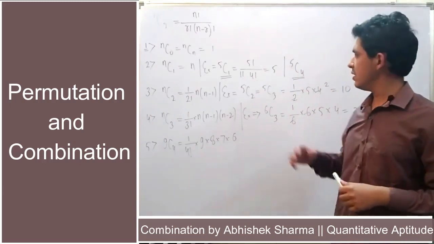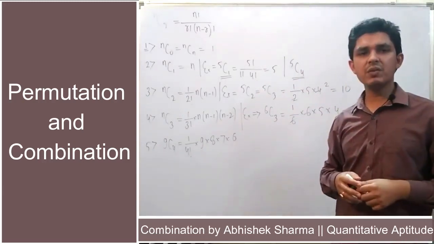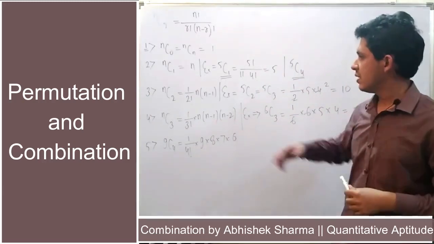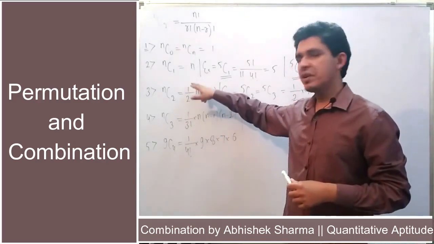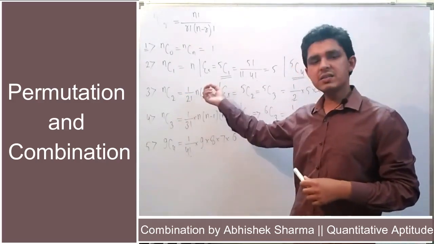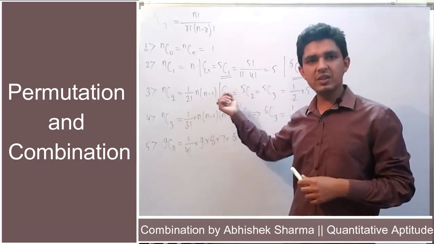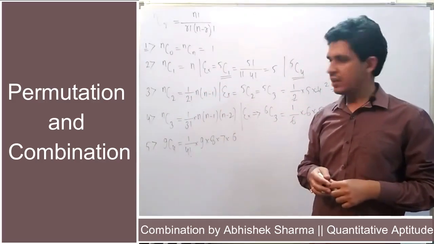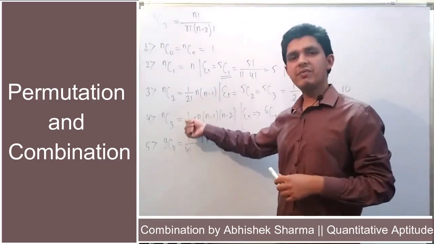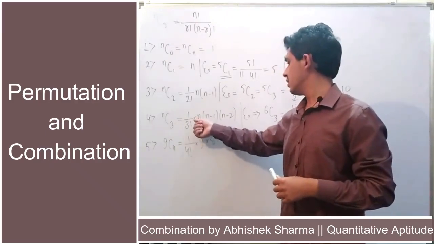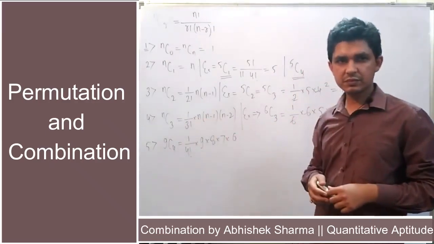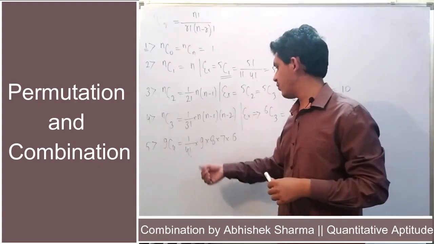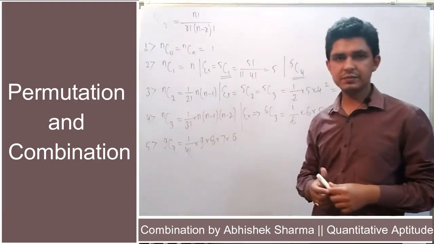I guess the operation I am performing here would be clear to you all: when NC2, 1 by factorial 2, I am coming 2 digits back; in NC3, 1 by factorial 3, I am coming 3 digits back; and in factorial 4, I am coming 4 digits back.